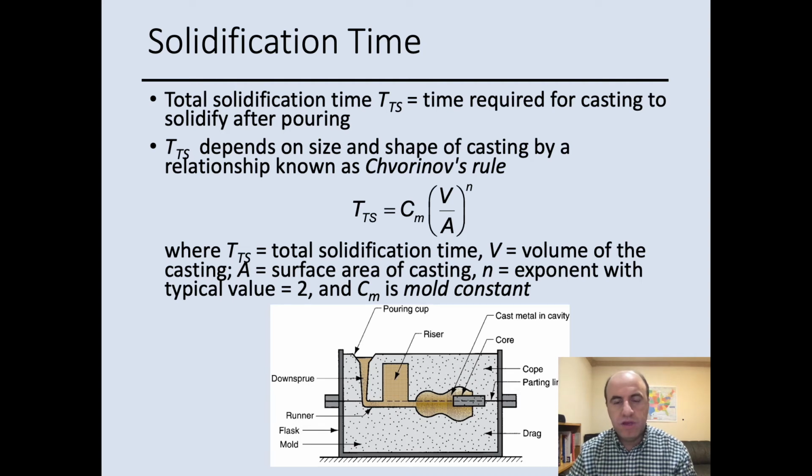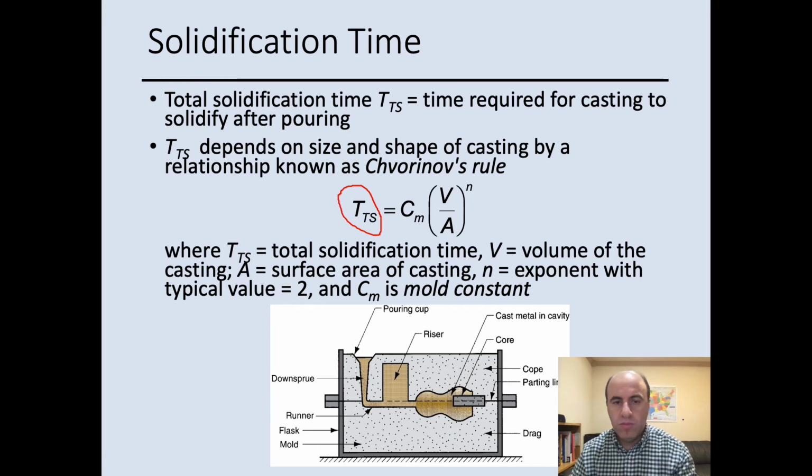Solidification time. This time can be calculated based on some parameters. This time tells us how long it will take for the casting to solidify when we put it into that pouring cup. The total solidification time is TS in this equation, and the equation is called Chvorinov's rule.